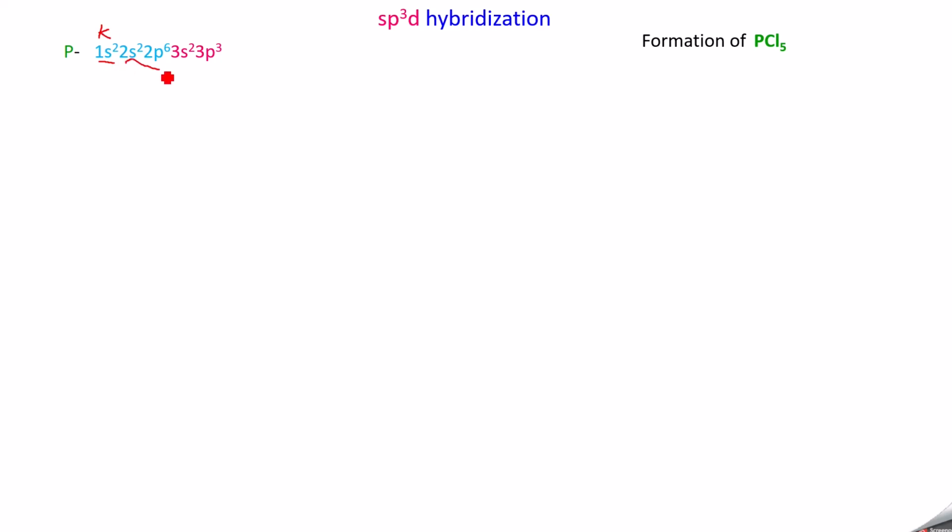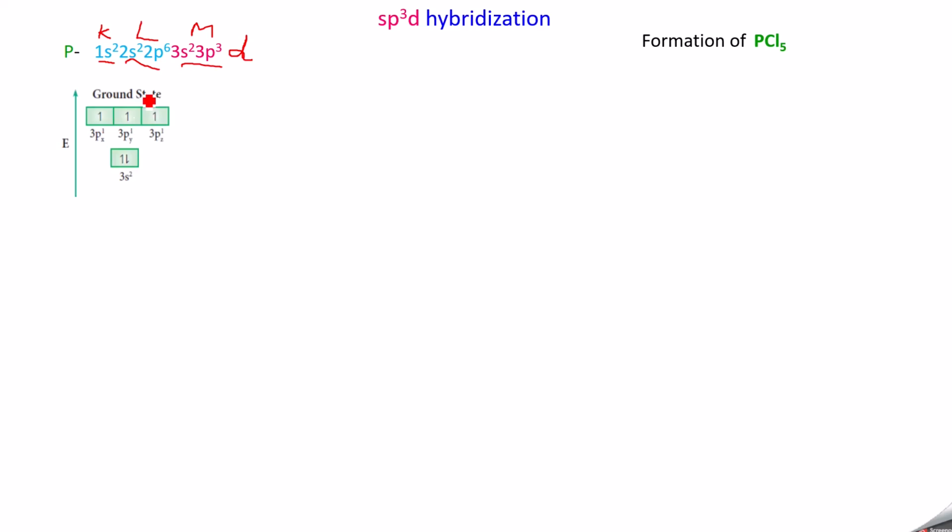In the second, the L orbit, you have s and p. In the third, the M orbit, you have s and p orbitals, and along with that you have d orbitals also. So the third orbit is taken as the outermost orbit.